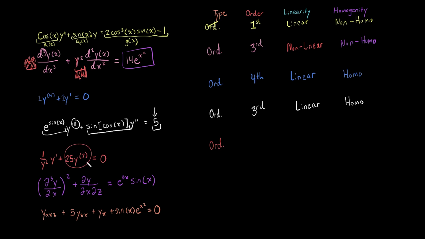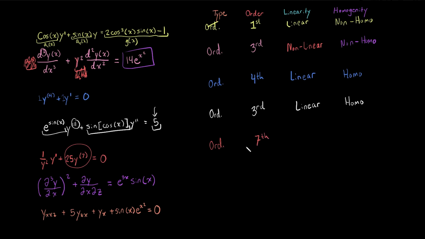It's a bit confusing, but I wanted to include this notation because it does show up from time to time. Textbooks tend to use this notation sometimes, and it's all personal preference in the end. I personally don't use this notation. I stick to the prime notation, but I don't want you to feel confused if you ever do see that type of notation. So this is the 7th order.